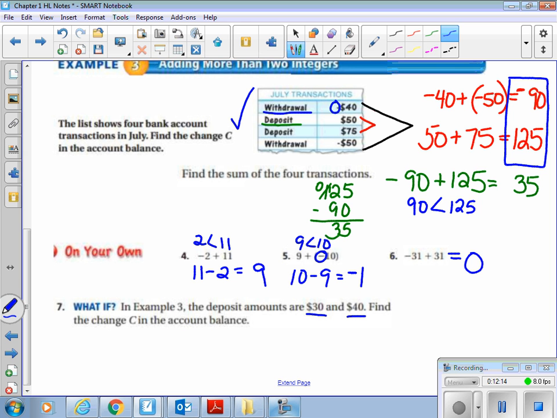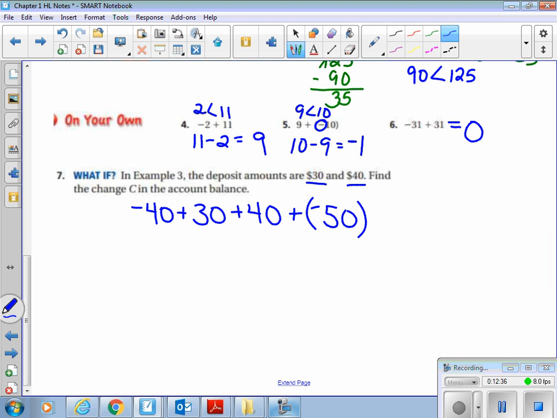In question 7, we have a withdrawal of negative 40 still. Our new deposit amounts are plus 30 plus 40, and then our withdrawal from the box was minus negative 50, sorry. So plus negative 50, and I'm going to put that in parentheses to separate my addition sign and my negative sign.